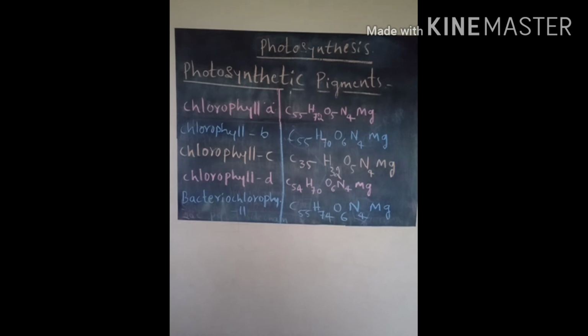So these are the necessary pigments. So this is about the structure of chlorophyll molecule and their molecular formula. In the next video, I will cover the difference between the chlorophyll A and B molecule, and next the other types of pigments like carotenoids and phycobilins.